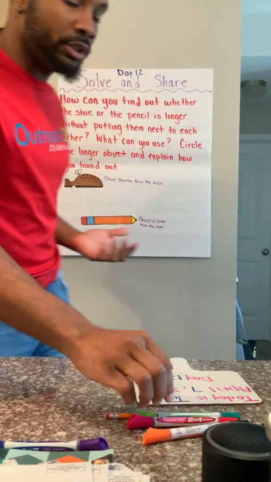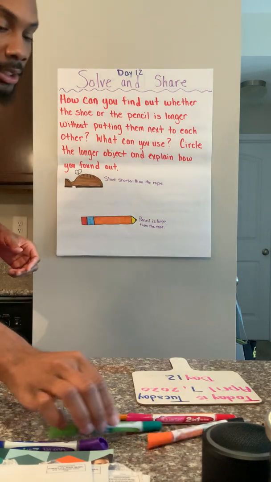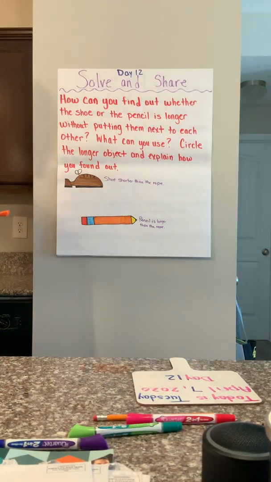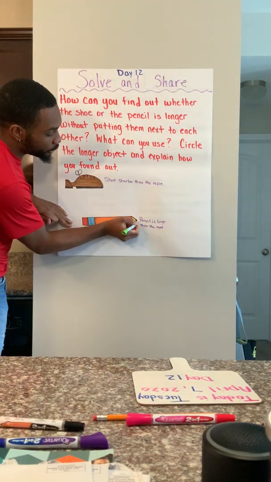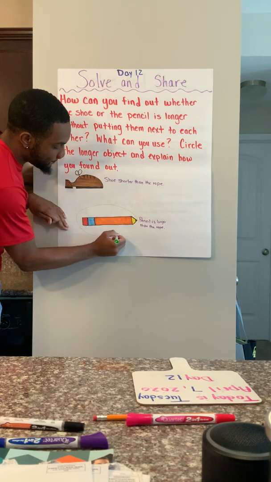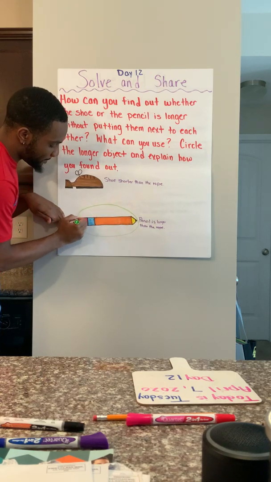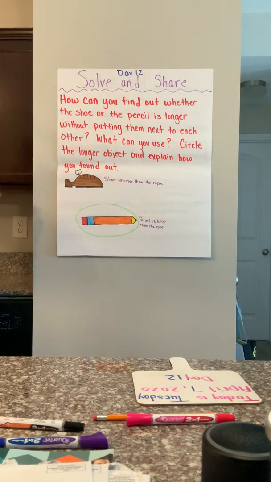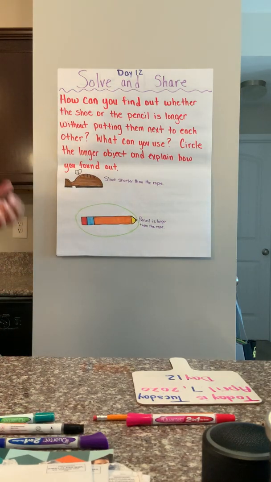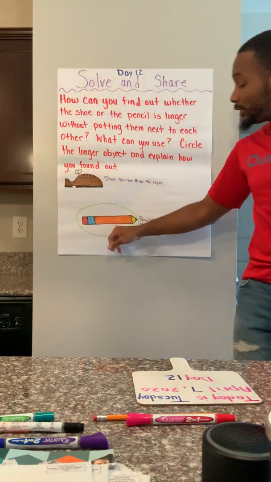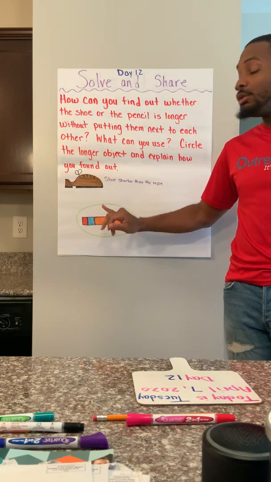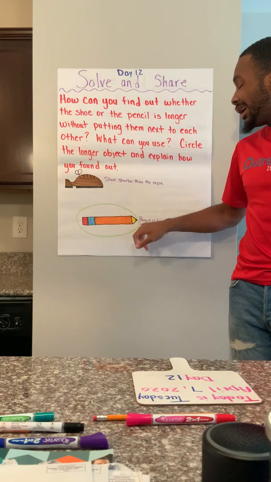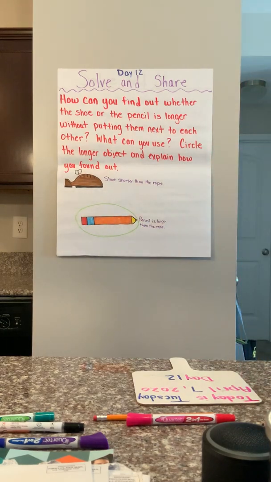If the students follow the steps that I did and understood the problem, they will know that the correct answer is the pencil. The pencil is the longer object because it was longer than the rope, and the shoe was shorter than the rope. So the pencil was the longer object. Right? Now I will hold up questions 5 and 6 and explain to you.